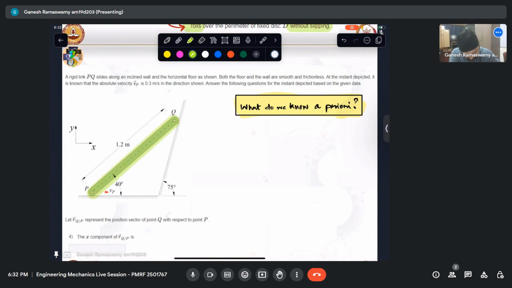A link PQ slides along an inclined wall and a horizontal floor. So we have one inclined wall here, and then we have a horizontal floor here. Both the floor as well as the wall are smooth and frictionless, so we need not consider friction as of now.